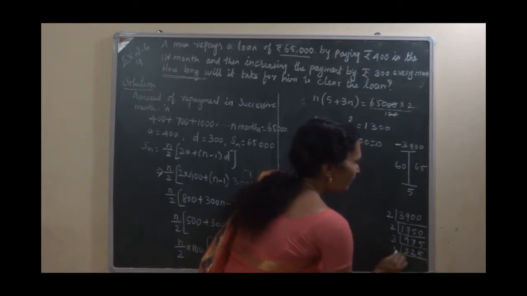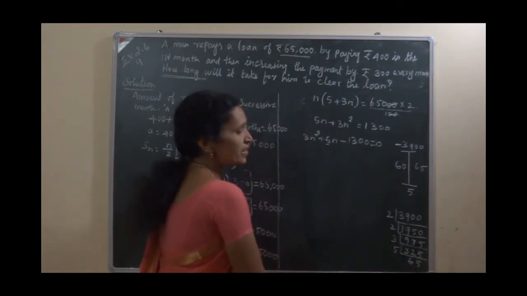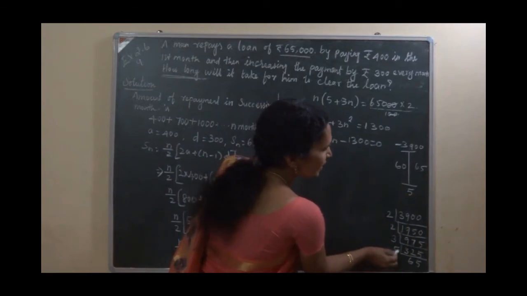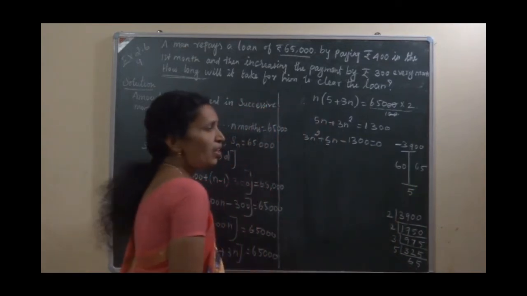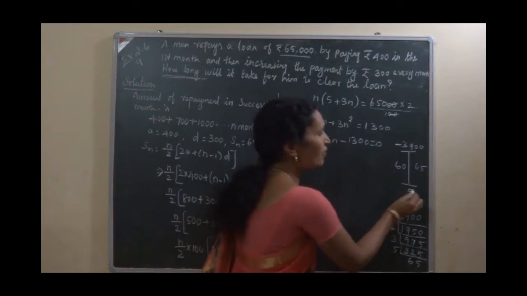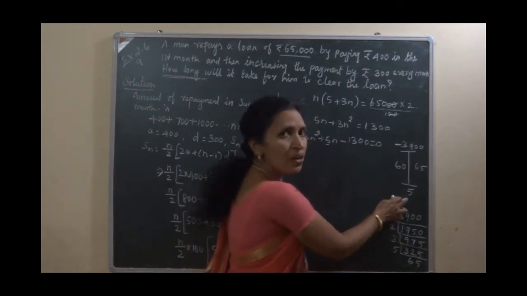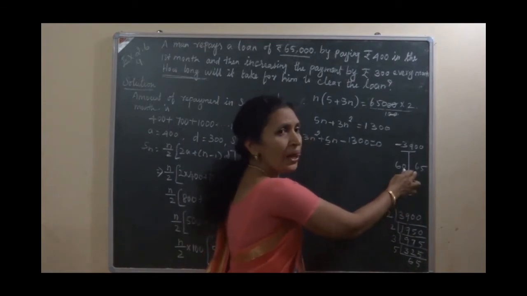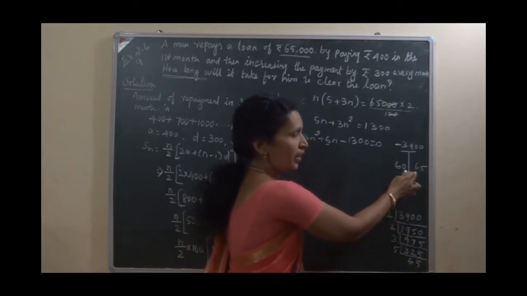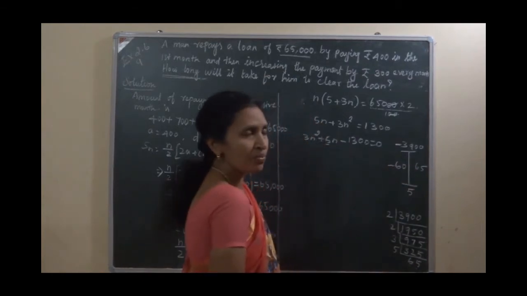Then fifth table: 6 5s are 30, 5 5s are 35. Now listen students, you got 60 and 65. One more thing: here positive value, here negative value. The biggest number gets the positive sign.